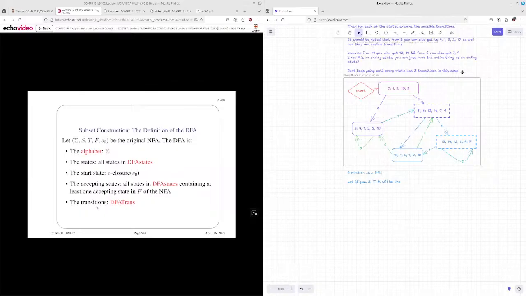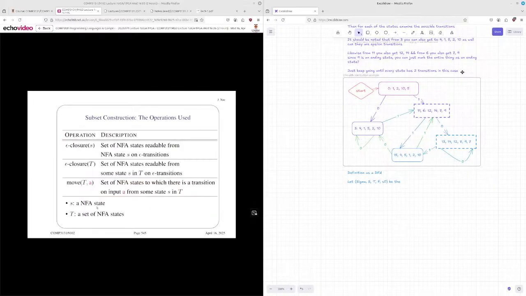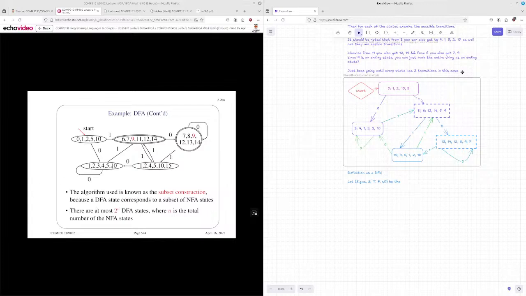What are the transitions? Well, by construction, we have already created all the transitions. Okay? So the transition is obvious, alphabet is obvious, state is obvious, because once you have done everything that you can. And the start state is the one that contains the original start state. A state is accepting if it contains 1 accepting state from the NFA.